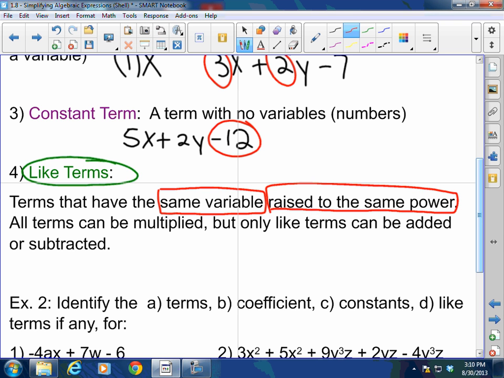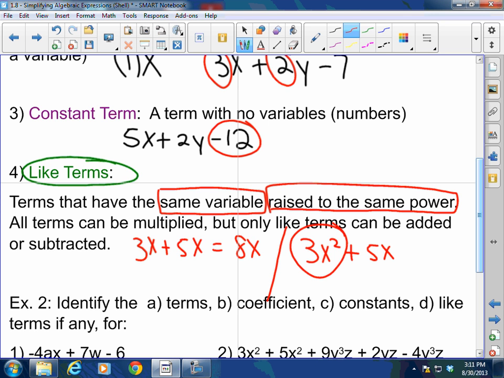Like terms are terms that have the same variable raised to the same power. For example, 3x plus 5x. You can add those. The variable is x, the power is 1. 3x's plus 5x's, that's 8x's. That's fine. You cannot add these: 3x squared plus 5x.